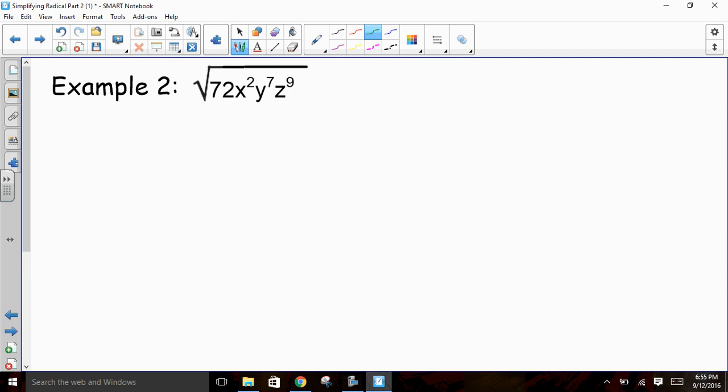Alright, let's take a look at the second one. Is 72 a perfect square? Can I take the square root of it right off the bat? You should be thinking, no, 72 is not perfect. So I have to break that down. Well, we saw before that it was 2 and 36. 36 is perfect.